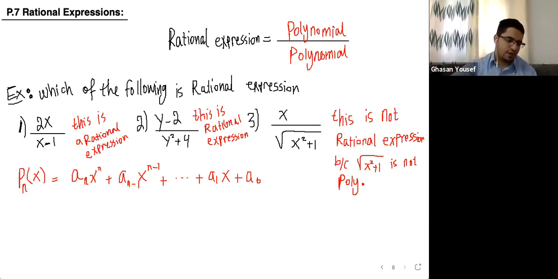Now, the second thing we have to know in this section is the domain of an algebraic expression. After we know what a rational expression means, we have to know the domain of an algebraic expression.